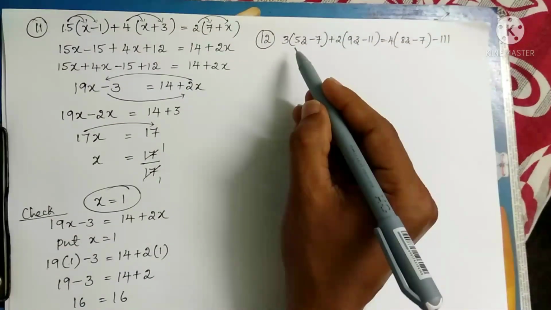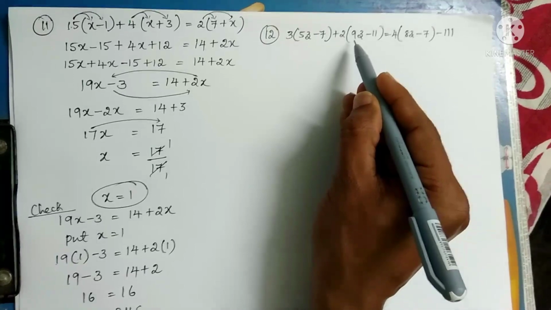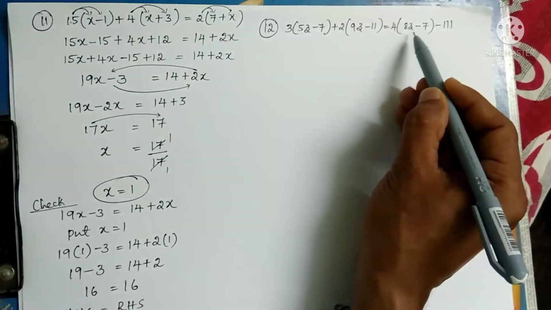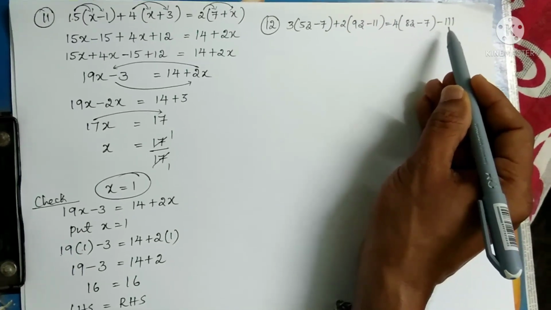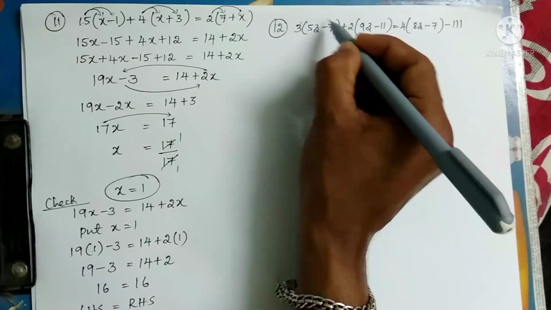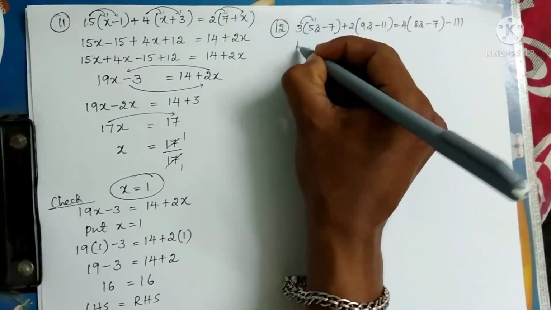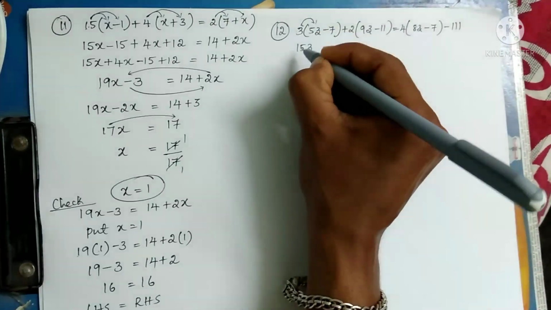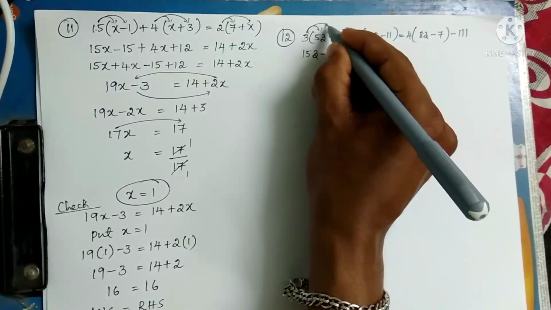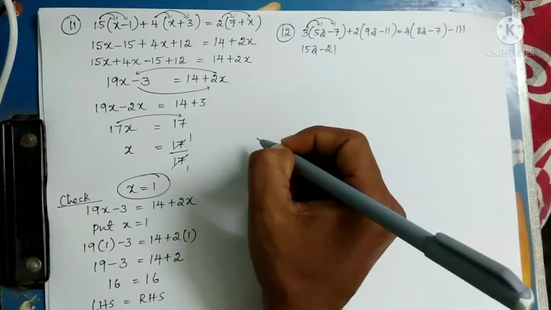So the next question is 3 into (5z minus 7) plus 2 into (9z minus 11), which is equal to 4 into (8z minus 7) minus 111. So first we have to multiply 3 with these two terms. So 3 is multiplied with 5z, becomes 15z. 3 5s are 15, into z is 15z, minus again multiply with 7. 3 7s are 21.